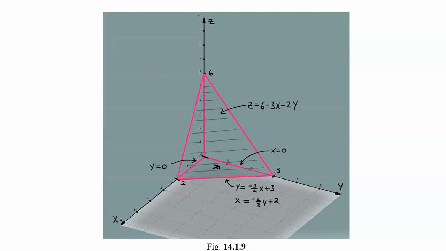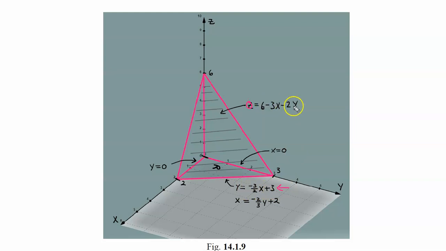Now let's note this. This curve right here, we find the equation of that curve by setting z equal to 0. Along this curve in the xy plane, z is equal to 0. So if we put a 0 for the z and solve for y in terms of x, we get y equals negative 3/2 x plus 3.